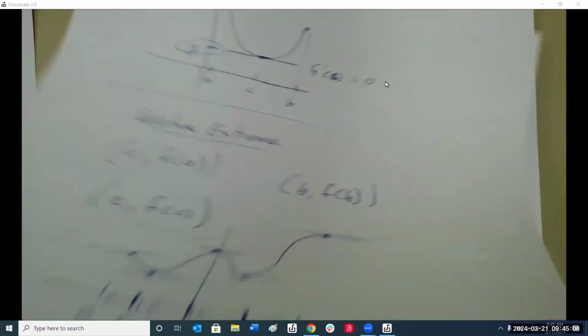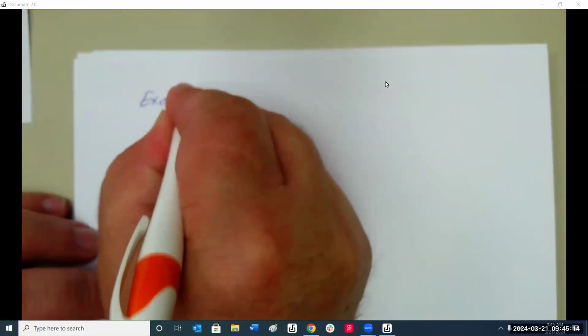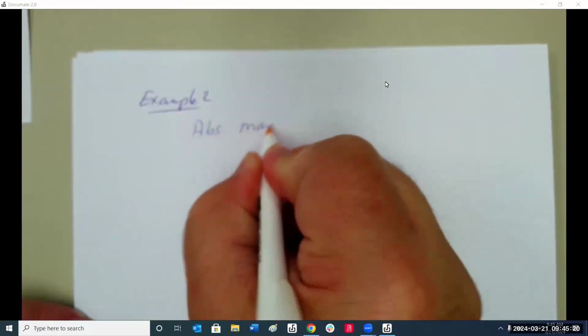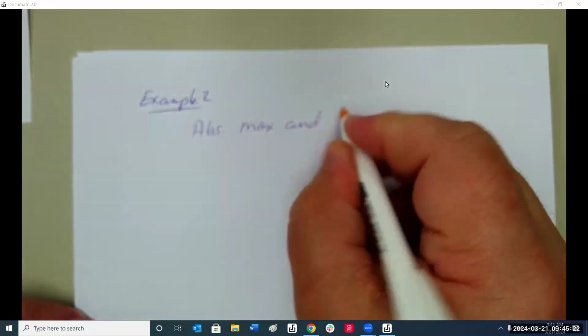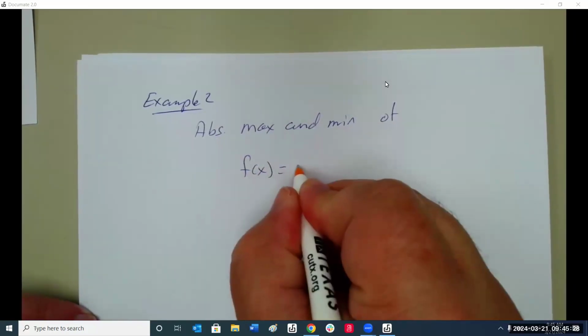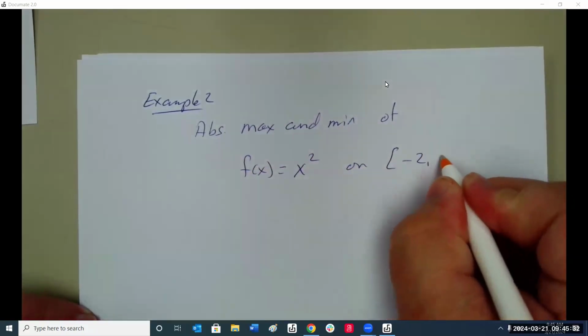All right, so look at example 2. It says, find the absolute maxima and minima of f of x equals x squared on the interval -2, 1.